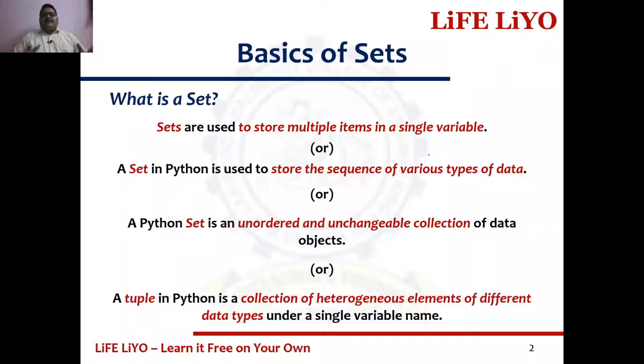Or a set is a collection of heterogeneous elements of different data types under a single variable. All of these are correct, but the most suitable is this one: a set is an unordered and unchangeable collection of data objects.